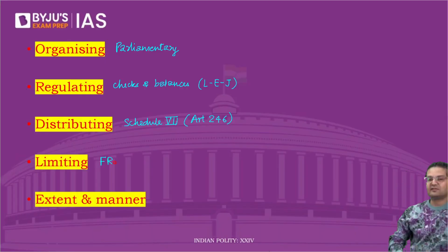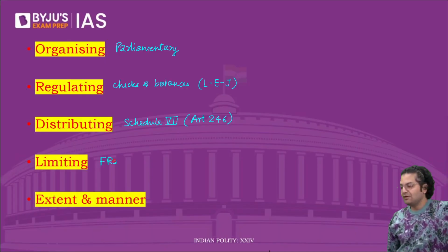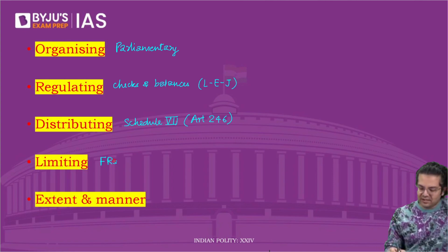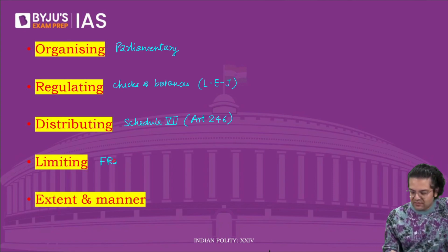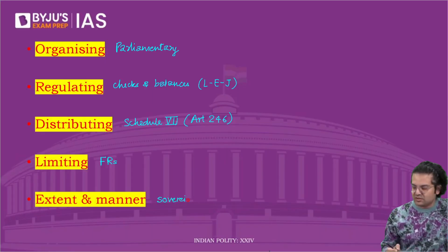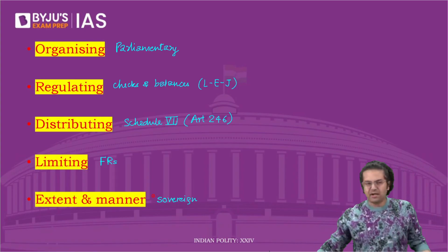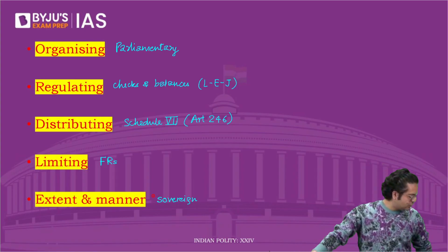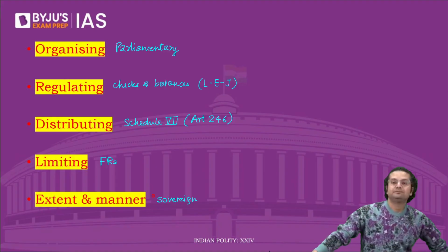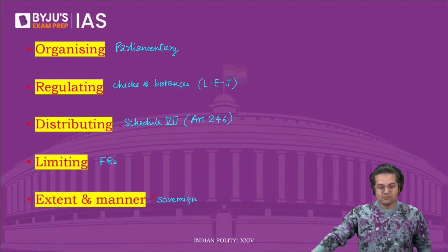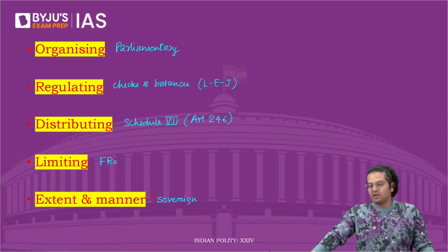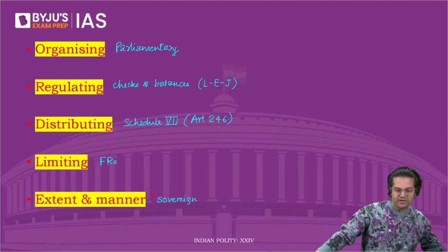Fundamental rights are the limitation on the government. Always understand. And extent and manner. That is why we say that we are sovereign as a nation, and our extent of power goes to the territory of India. Okay, this is the definition of the constitution.